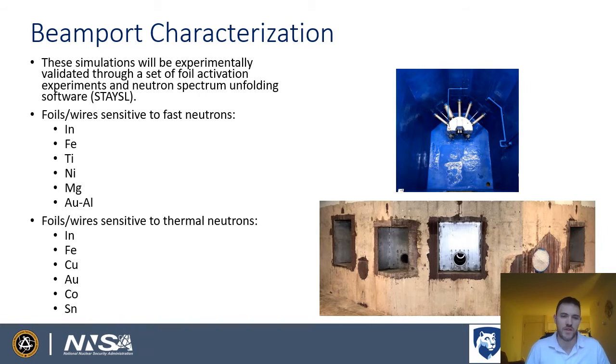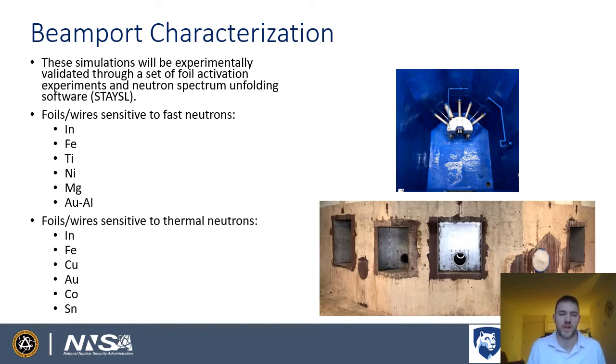The first is for the wires and foils most sensitive to fast neutrons: indium, iron, titanium, nickel, magnesium, gold, and silver. This will produce one set of reactions that are most sensitive to neutrons in the fast region.